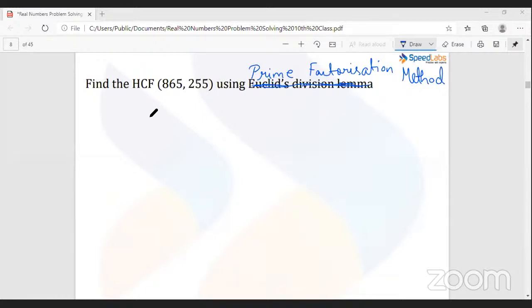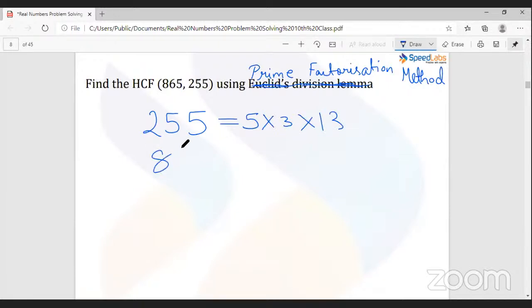Now, would you like to tell me the prime factors of 255? 5 into 3 into 13. And 865? Ma'am, for 255, it's 5 into 3 into 3 into 17. Yes, ma'am. Sorry, ma'am. Okay, no problem. So it is 5 into 3 into 17.